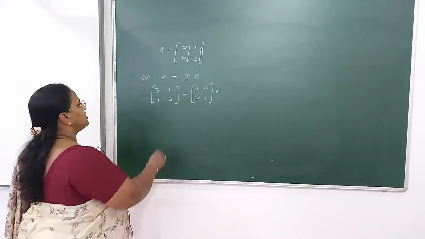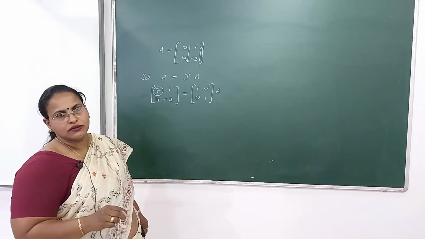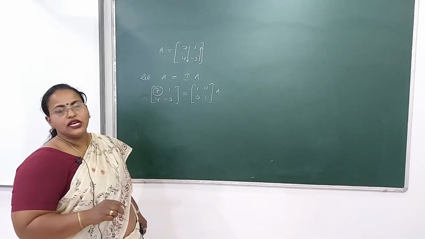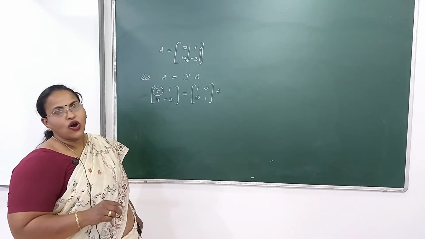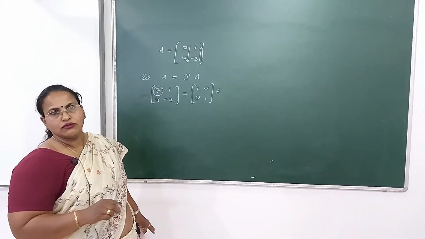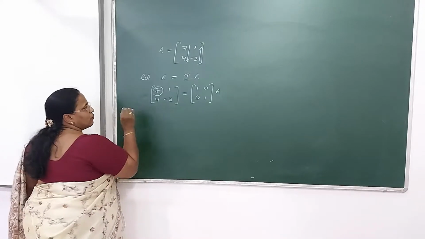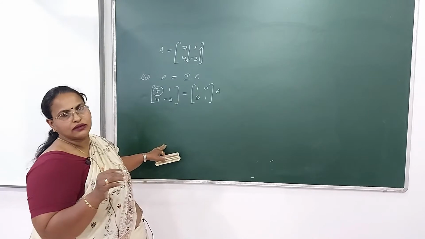So the very first thing is you will want this position as 1. So what are the options? Either you divide R1 by 7, second option, or you take the help of R2. Whatever you are doing, you should write it down first and then you apply.